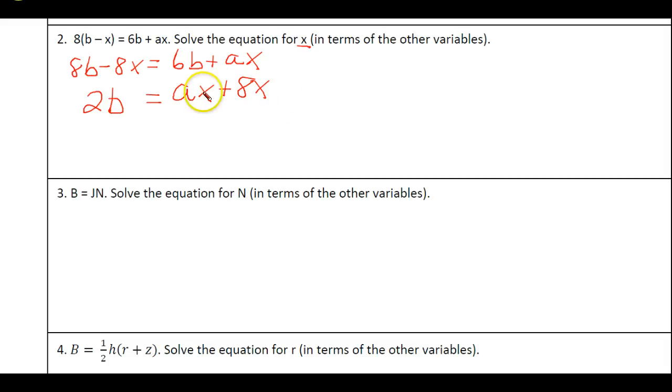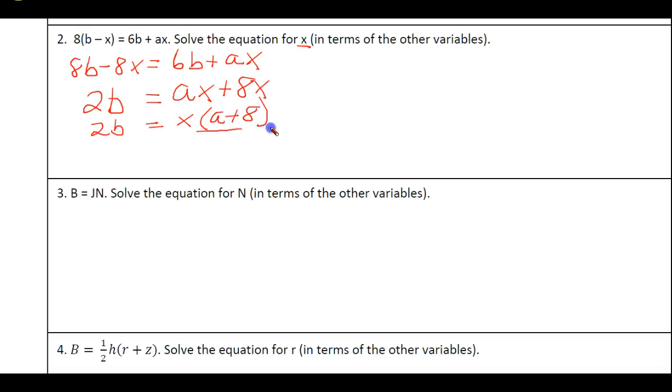Now I have an x in two terms. I'm going to do the opposite of the distribution. I have to factor out an x, and I get a plus 8, factoring the x out of each term, equals 2b.